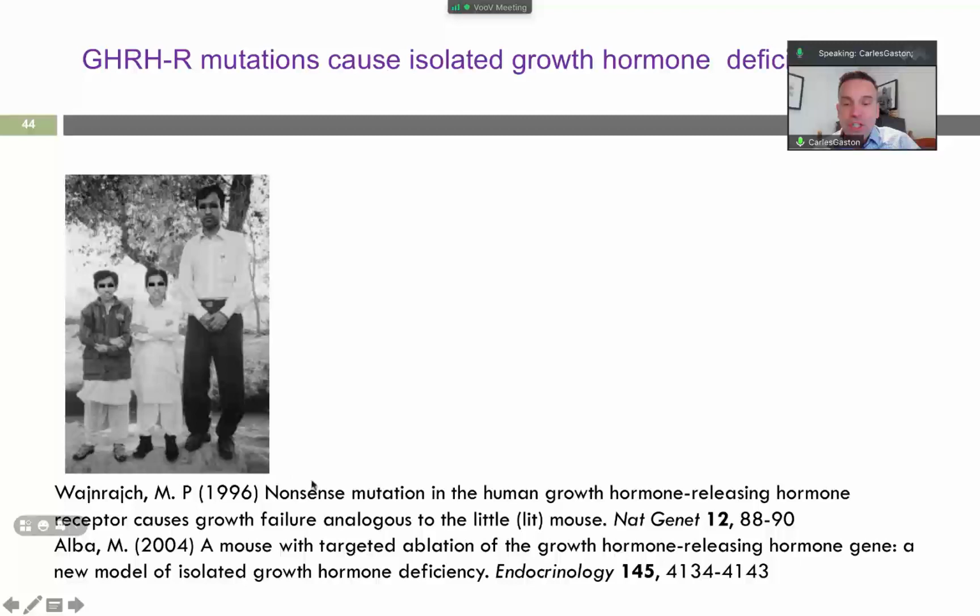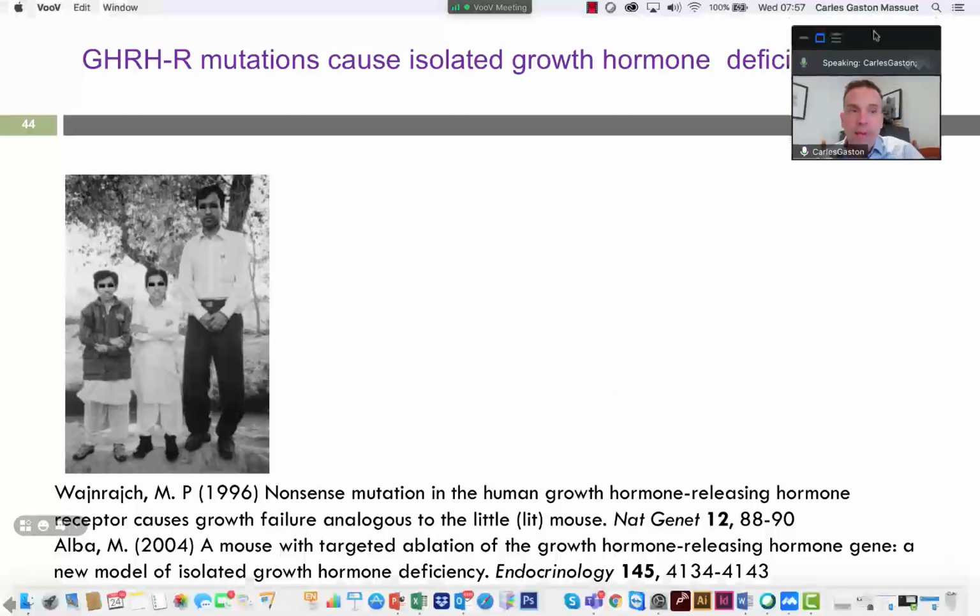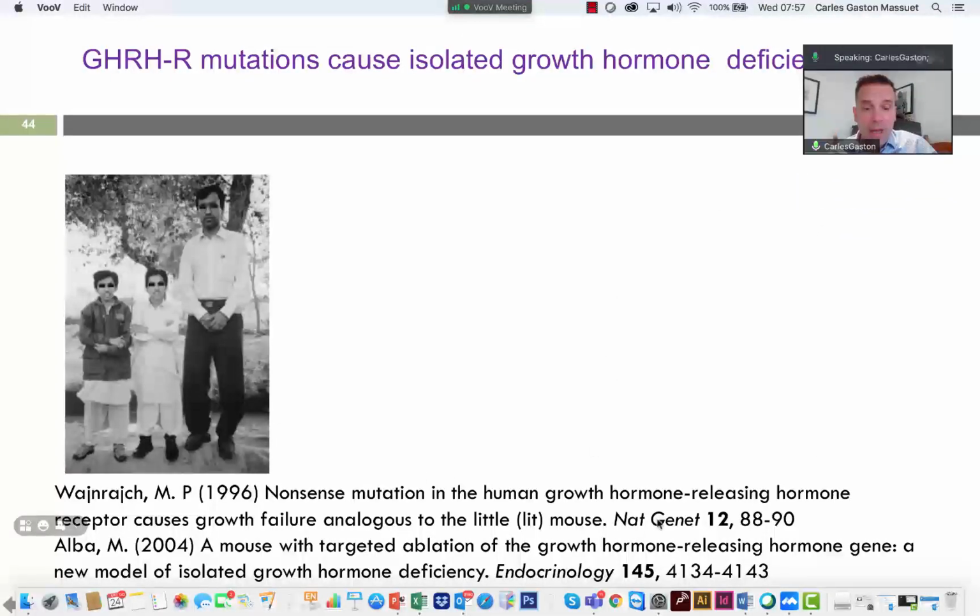A mutation in the growth hormone releasing hormone receptor was identified. This was published in Nature Genetics and was a milestone in the area of genetics of endocrine conditions.